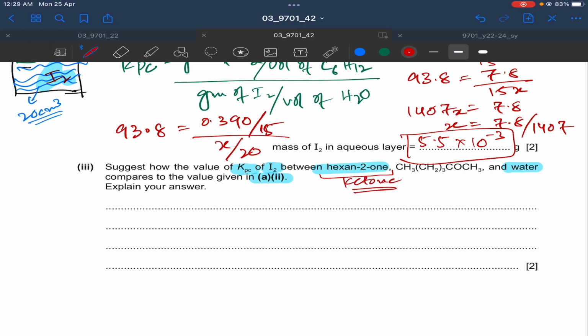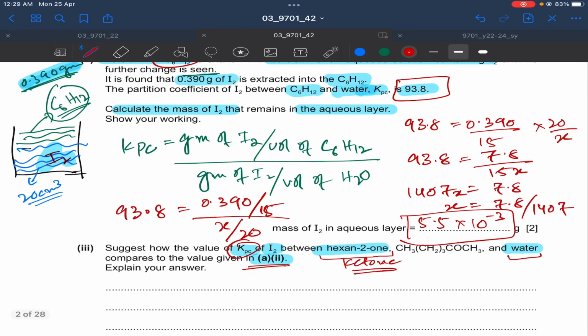Previously we had cyclohexane, now we have a ketone and water. The value given in A2 is 93.8, between iodine in cyclohexane and iodine in water.